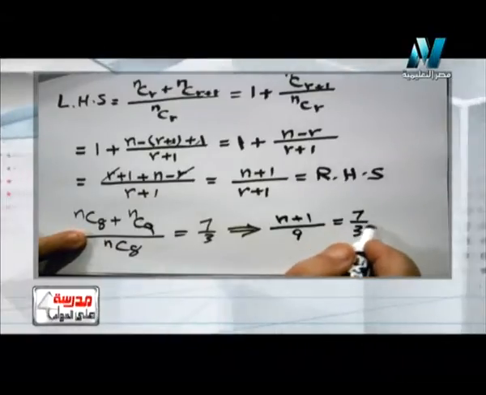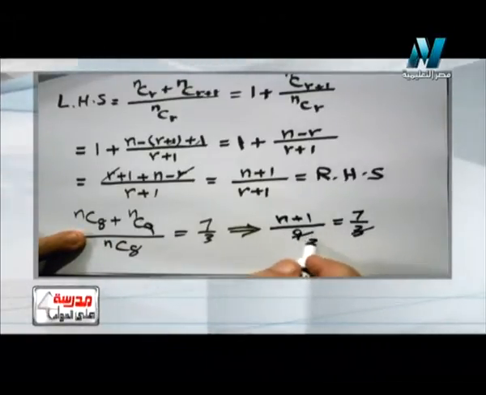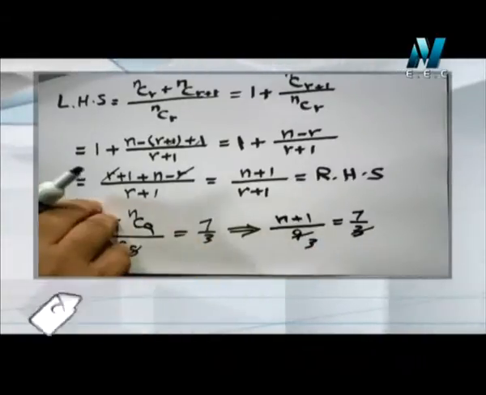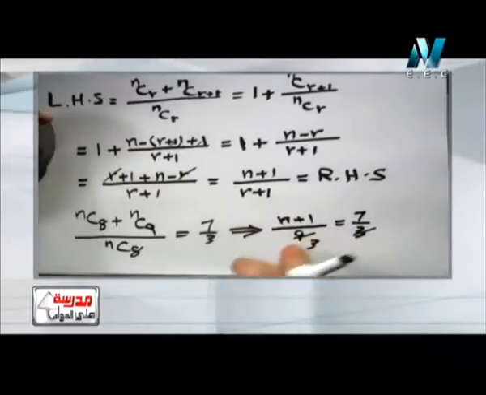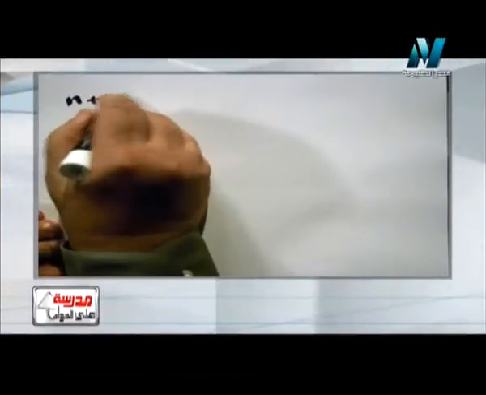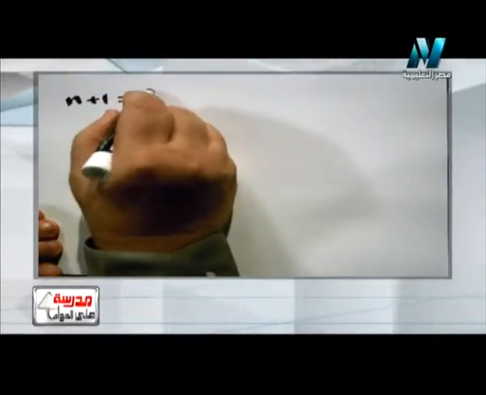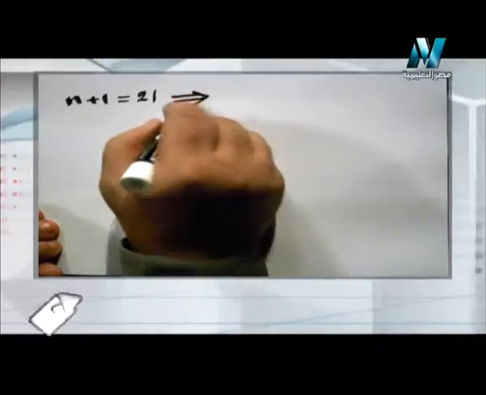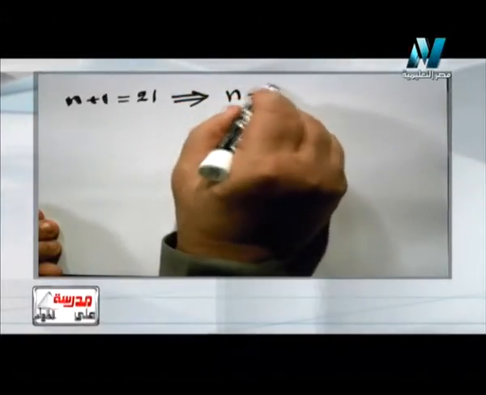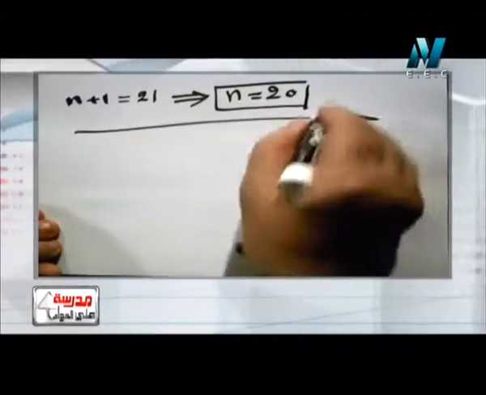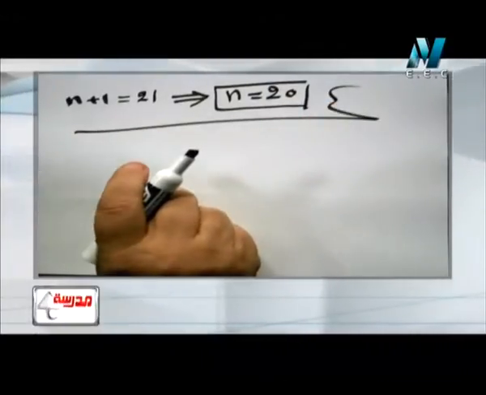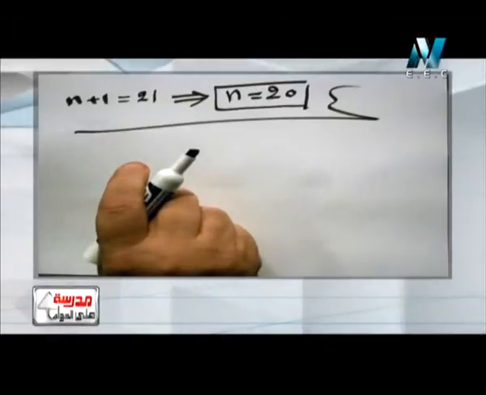Then cancel 3 with 9, it is equal to 3. Cross multiplication, we get n plus 1 equals 7 times 3, which is 21. Finally n equals 20. This is the final answer, and it is accepted because n is a positive integer.